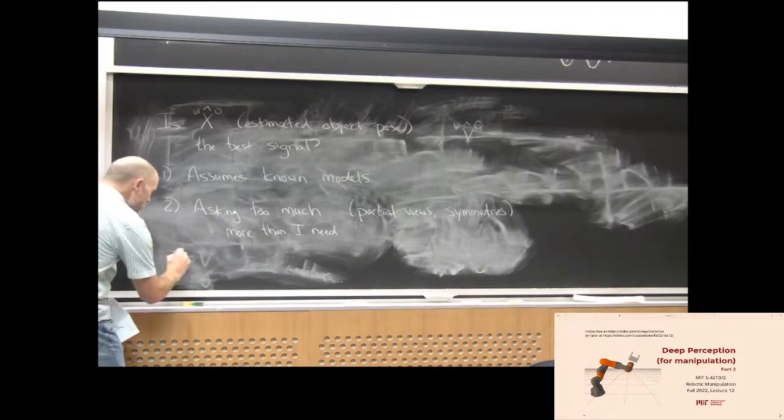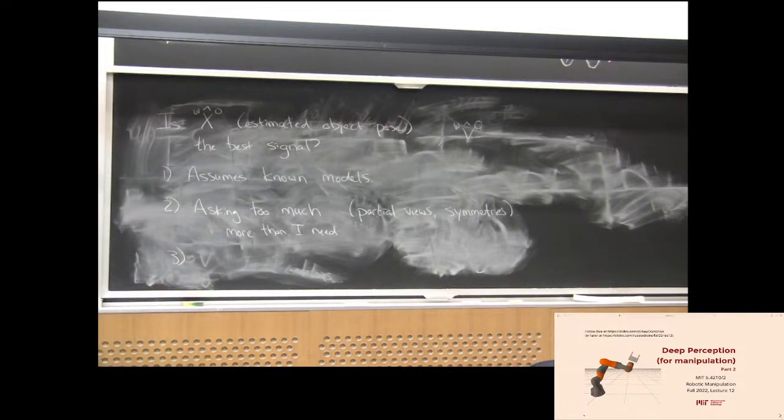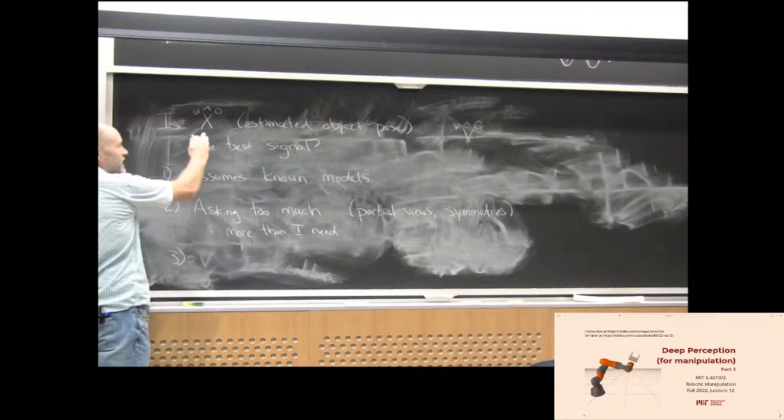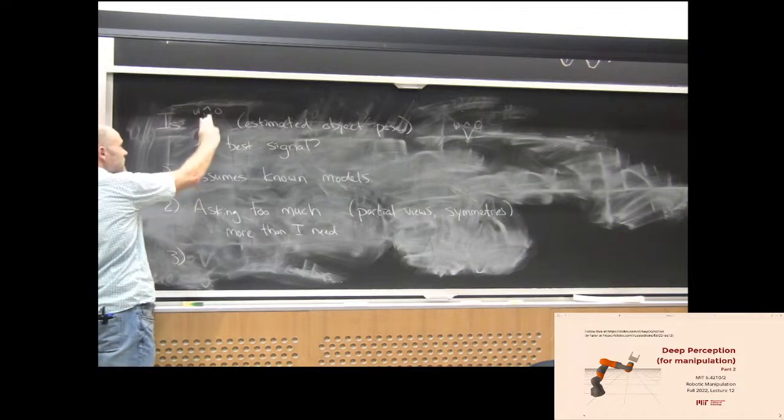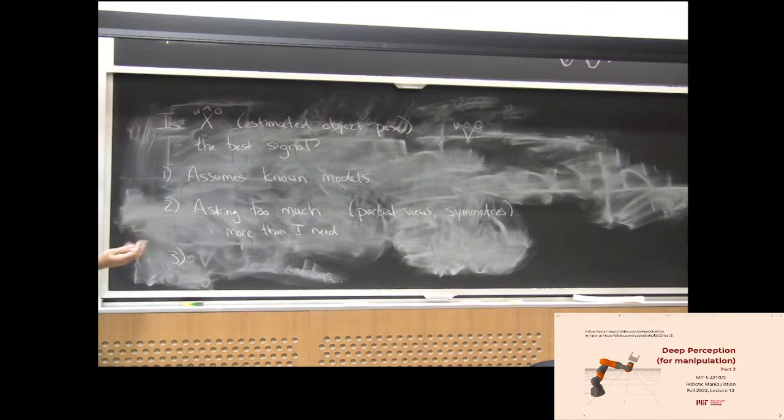And I would say the third thing, a major limitation of just using pose as our language from the perception system, is that by itself, just saying that I have a nominal estimate of what the object's pose is isn't sufficiently rich, in the sense that it doesn't tell me anything about the uncertainty from the perception system.